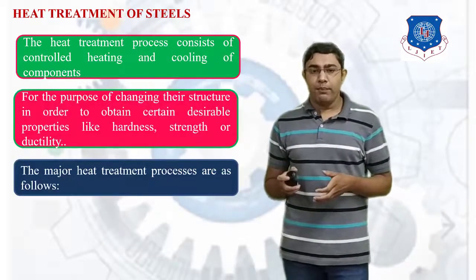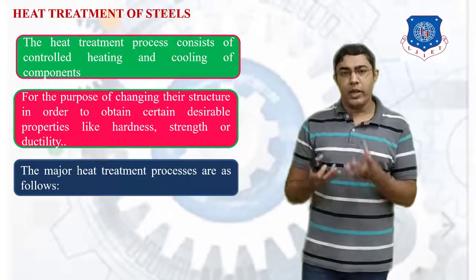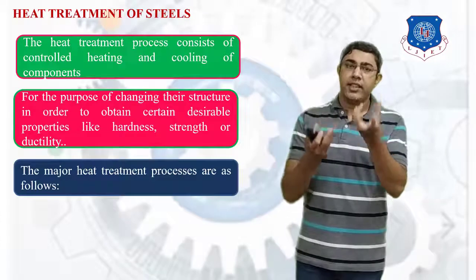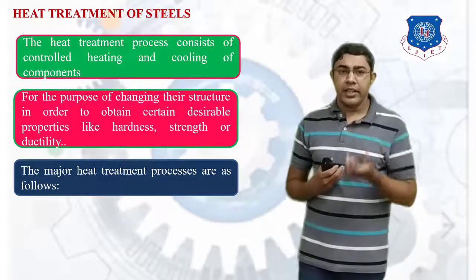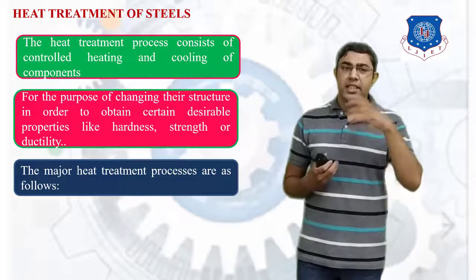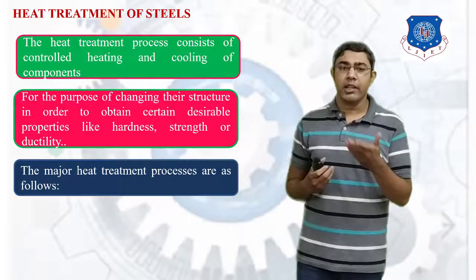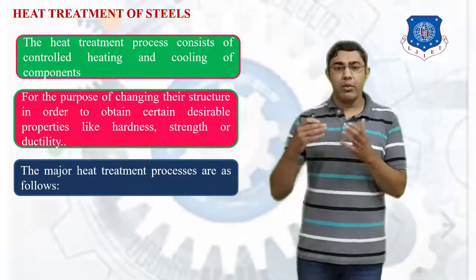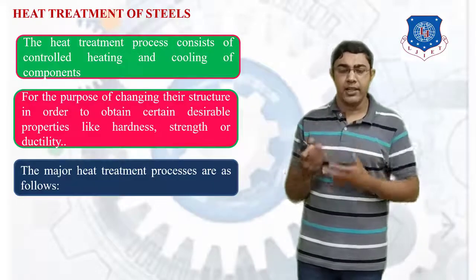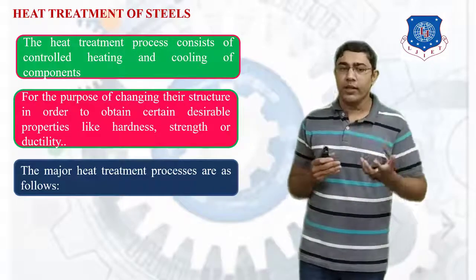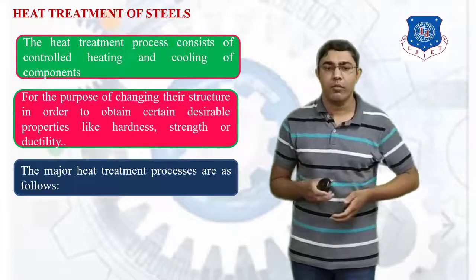For the purpose of changing the structure in order to obtain the desired properties like hardness, strength, ductility. So to change these properties, we have to do the heat treatment on the component. For example, if we have to increase the hardness or increase the strength or ductility, then we have to do the heat treatment process on the component.